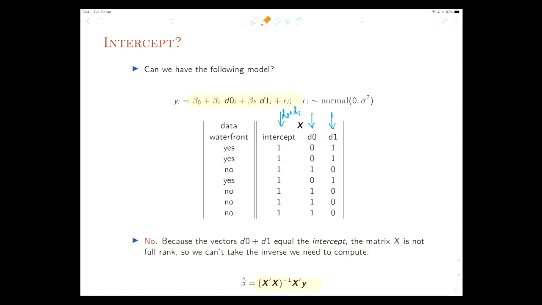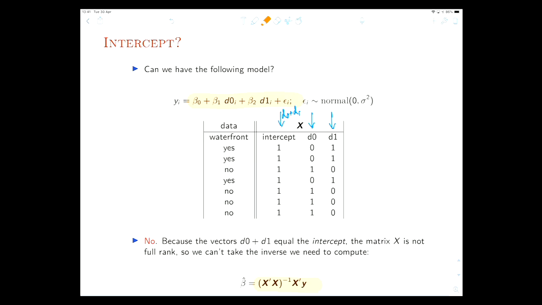The other side, in a non-mathematical sense, is that we have one variable which is essentially a linear combination of the other two variables. So we essentially have linear dependence here in terms of our three variables, the intercept, D0 and D1. And when we were talking about matrices just before the break, when a matrix has linear dependence in its columns, then that matrix is not invertible.